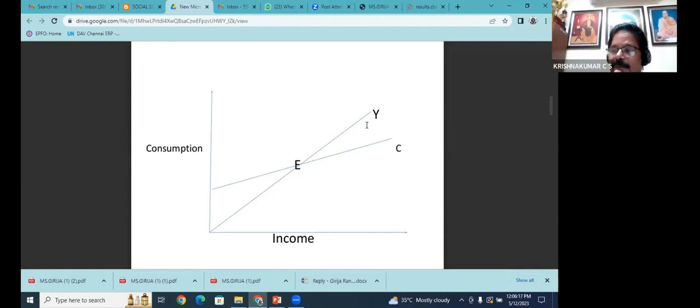Always, when the denominator is less than the numerator. What is the numerator here? Consumption. What is the denominator here? Income. So whenever the numerator is greater than the denominator, the result will be more than 1.